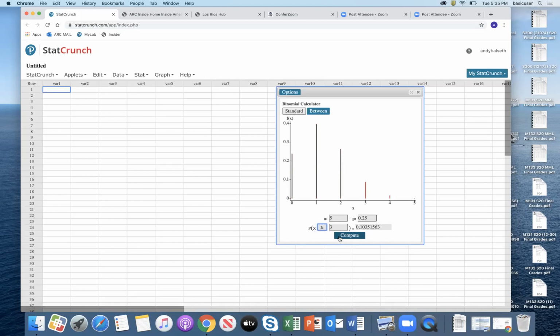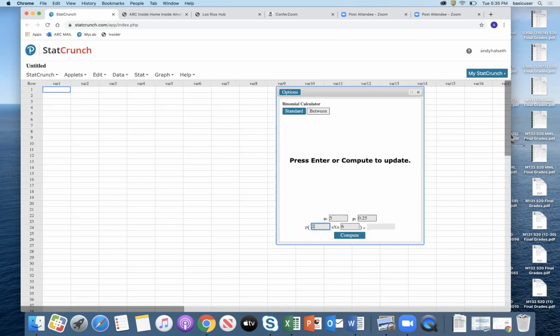And then between 2 and 4 inclusive, that's where you can click this option right here where it says between, and then you can type in the 2 values, 2 on the left and 4 on the right. That's 0.366.